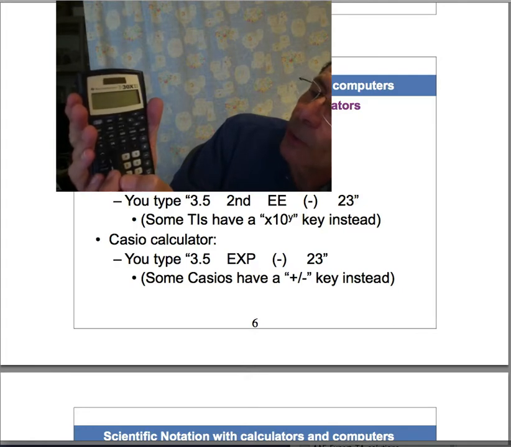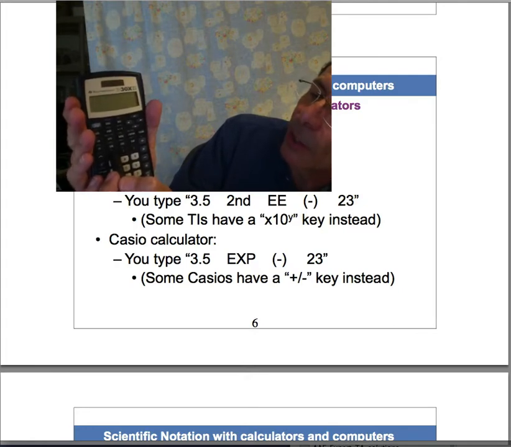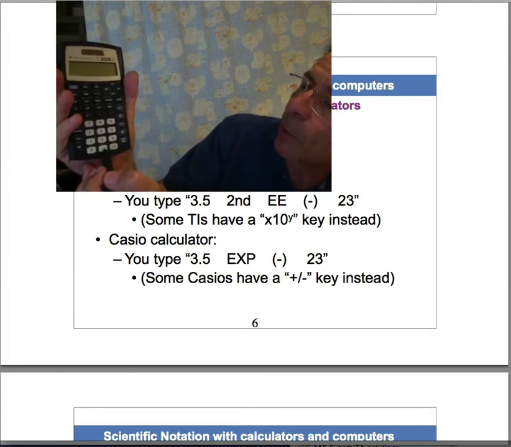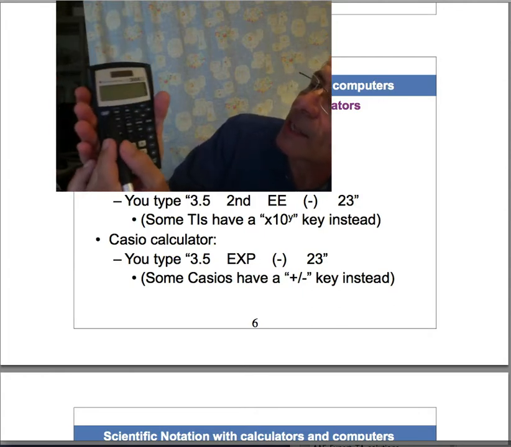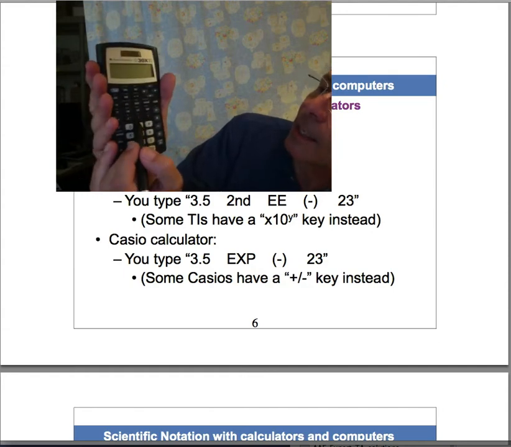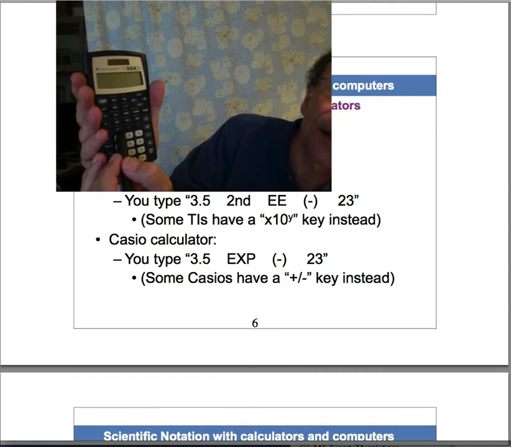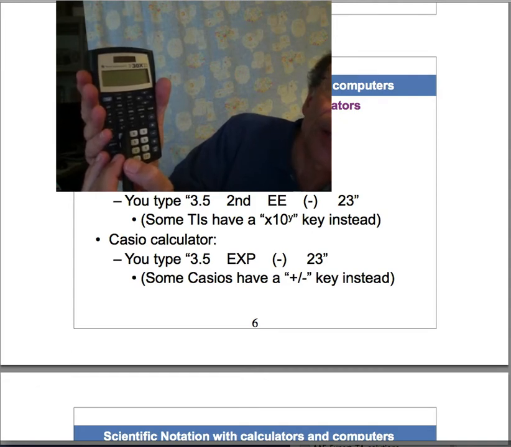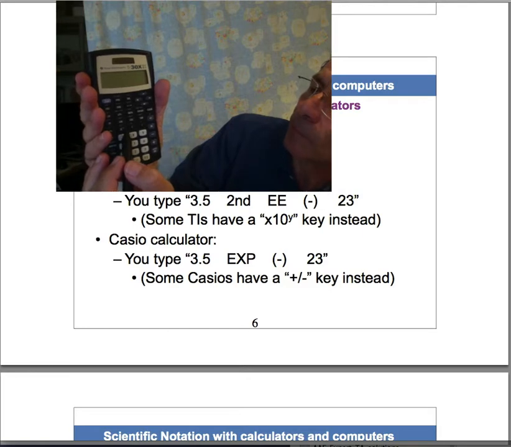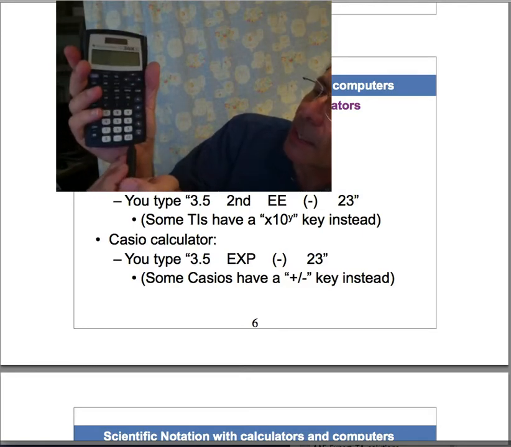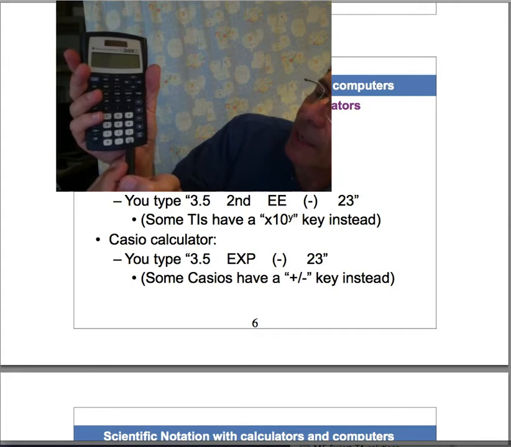So for putting in this number, I would press 3.5, second, EE, and then the next step is I want to put in negative 23. So it's not going to be the minus. No, it's going to be the negative sign key down here.